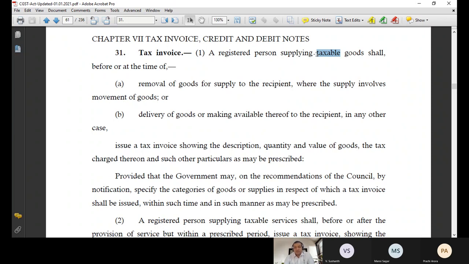Now goods are of two types. In some cases, goods require movement, so where the supply involves movement. And in some cases, movement is not required. Goods are so heavy that those are to be assembled at the site. It's an example only.